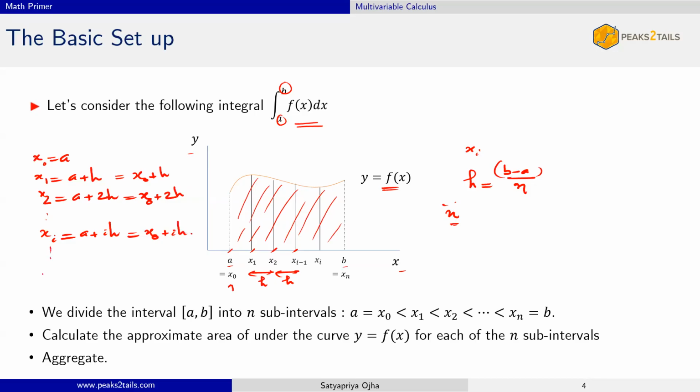And it goes on, and the final coordinate xn, which is nothing but b, will be given as x0 plus nh. If you put h equal to b minus a by n here, then you actually get back b. You can just quickly verify that.